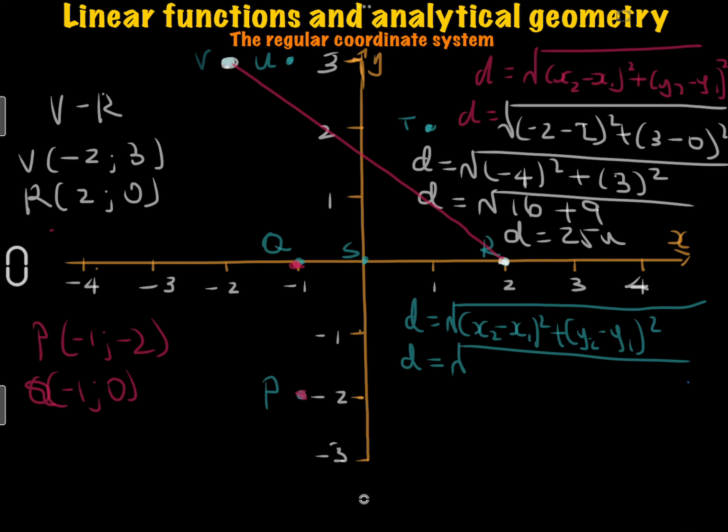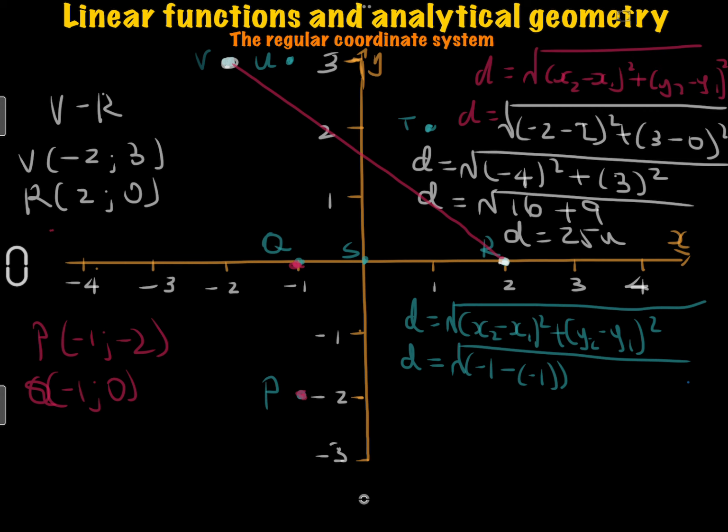So we have D. It's very important that we put this in brackets. Let's start with P this time. So for P we have -1 minus, remember, X for Q is -1.